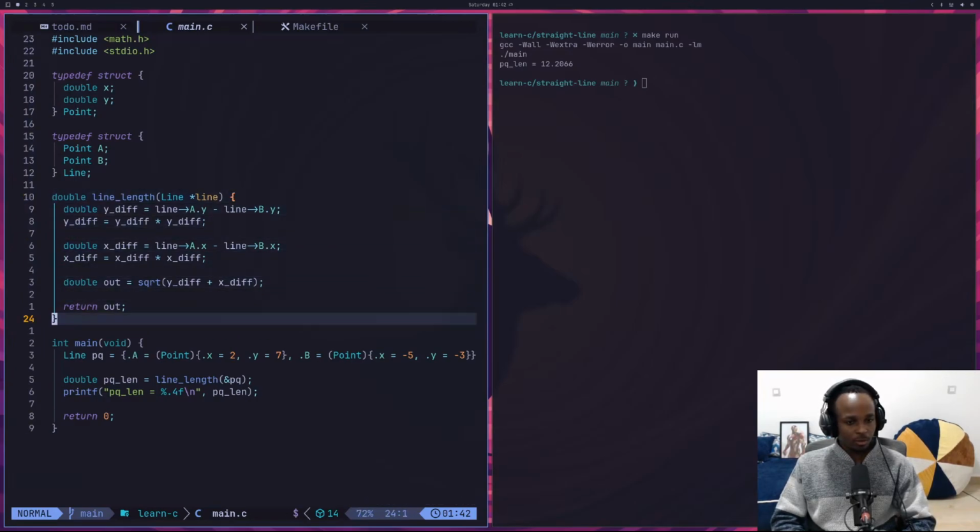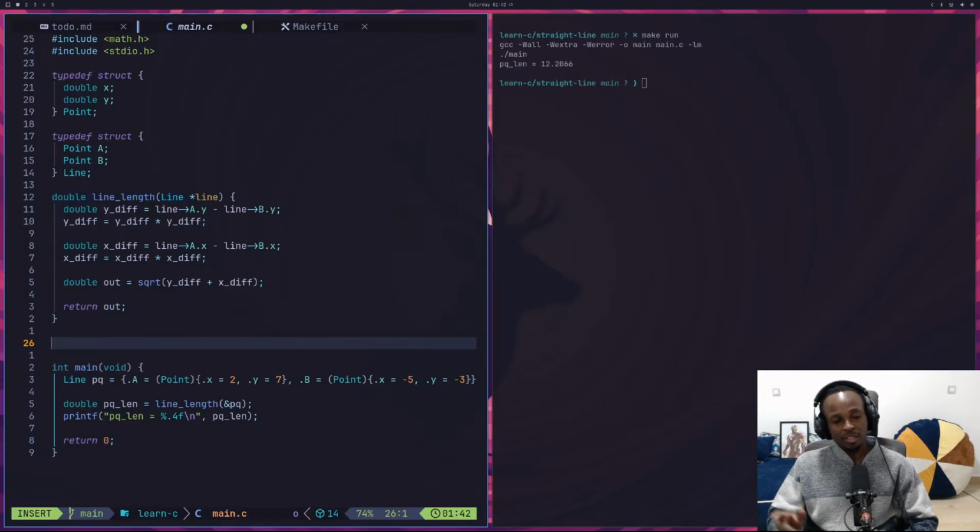So the midpoint of a line is supposed to return another point, right? Since the midpoint has coordinates x and y. So we expect this function to return a point, and let's just call it line midpoint, and then it takes a reference to a line.